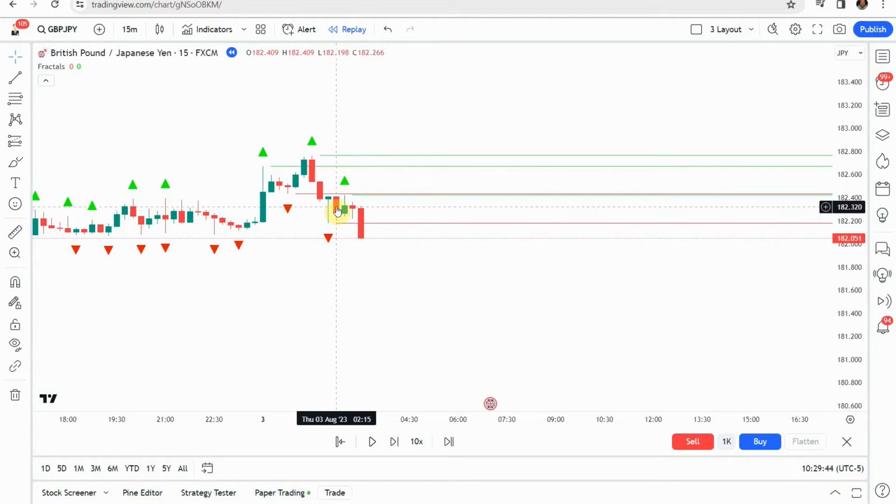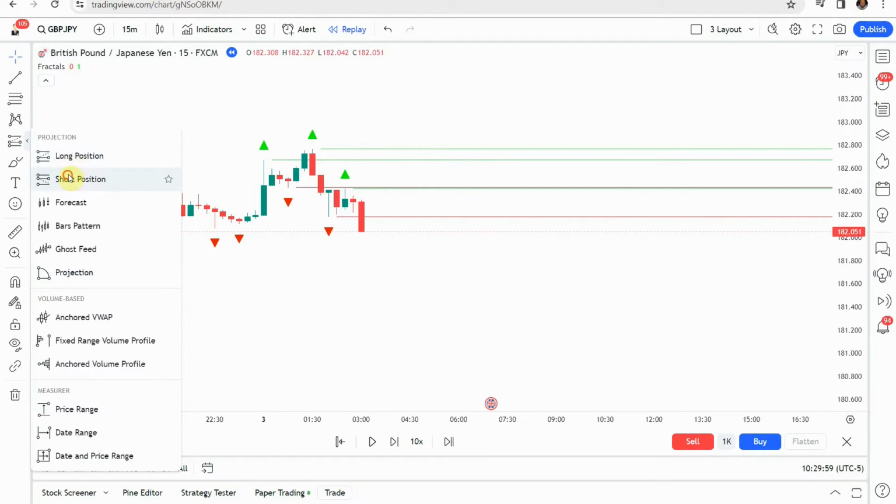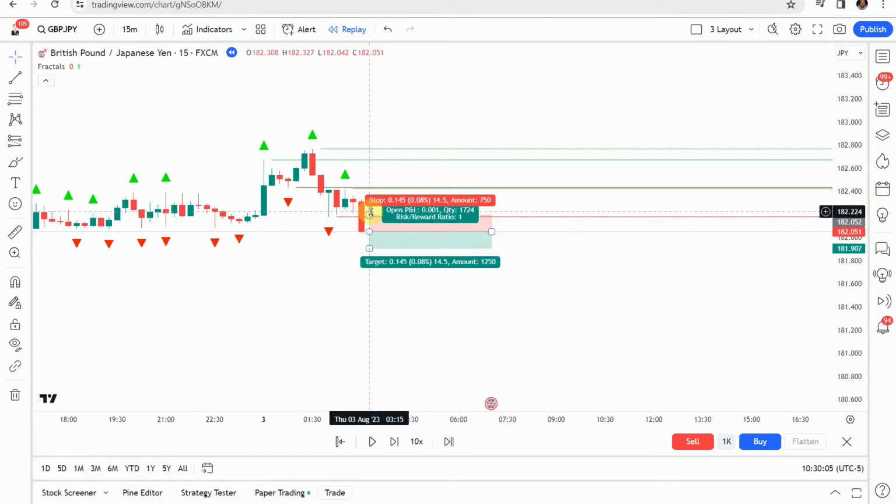So what we're looking for is either a price breakout to the downside of the lowest red line, or a breakout to the upside of the highest green line. Once we get that, that's going to be our official signal to enter a position. In this case, it breaks to the downside here, below the lowest red line.